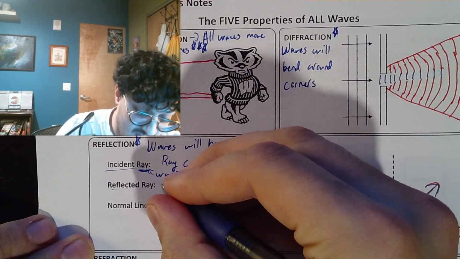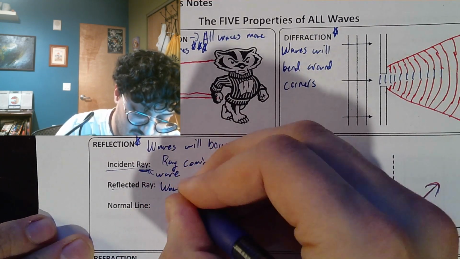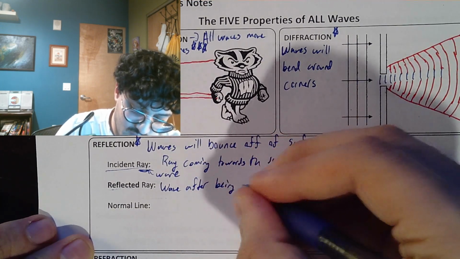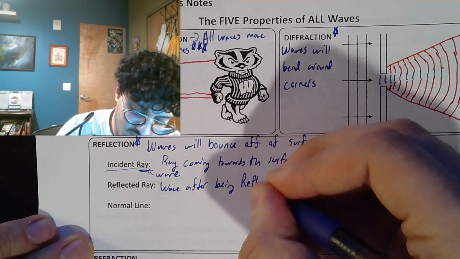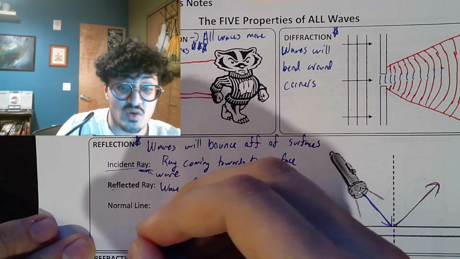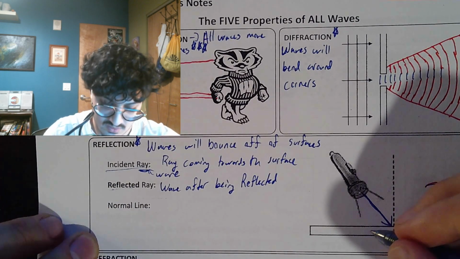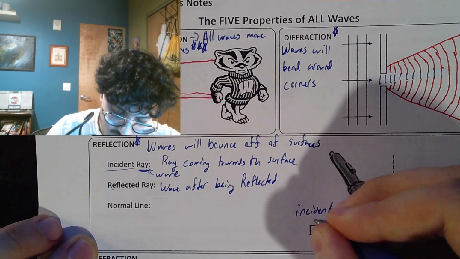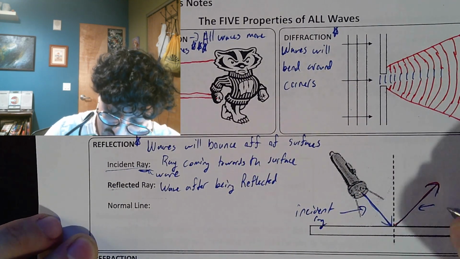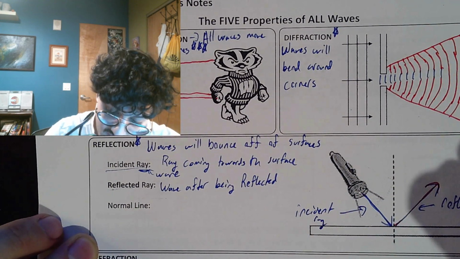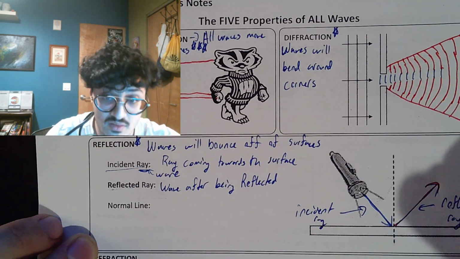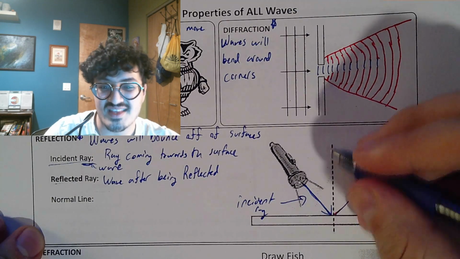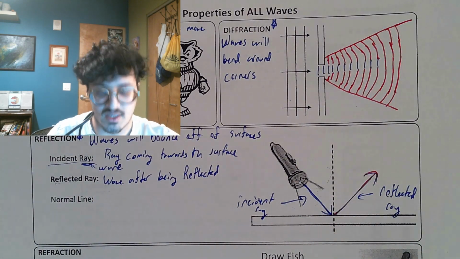The reflected ray is the wave after being reflected. And the normal line, here, let's point to here, right? This is the incident ray. This is the reflected ray. And then finally, you see this line right here? This is our normal line.